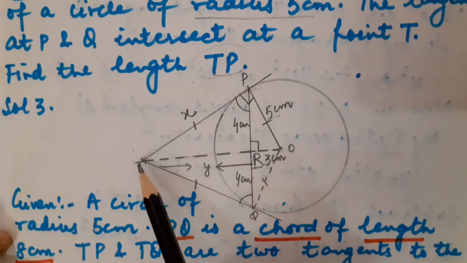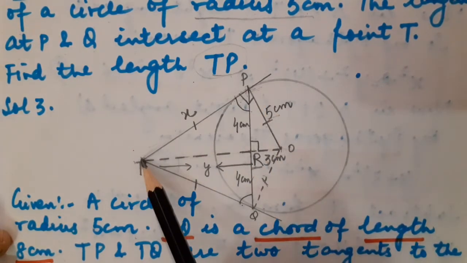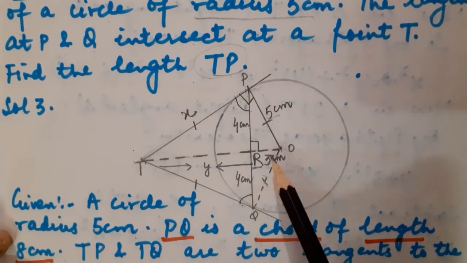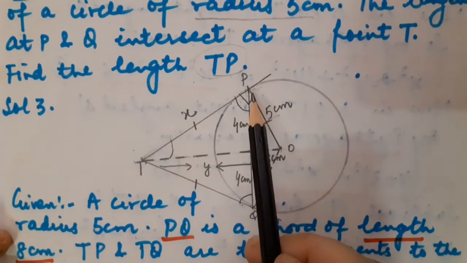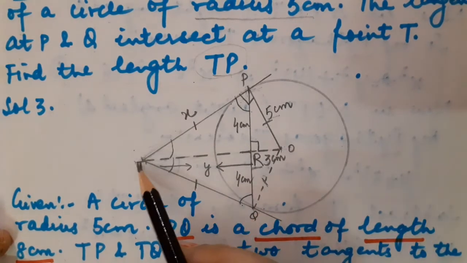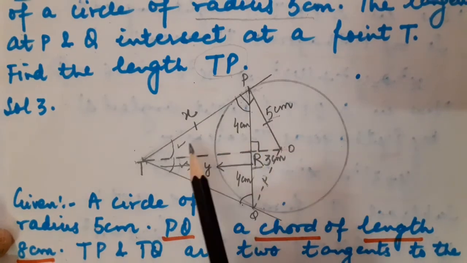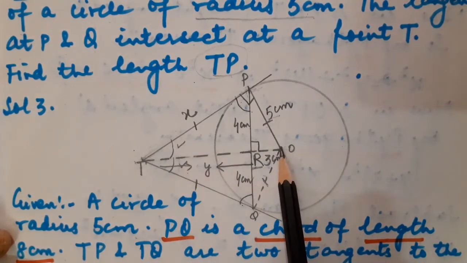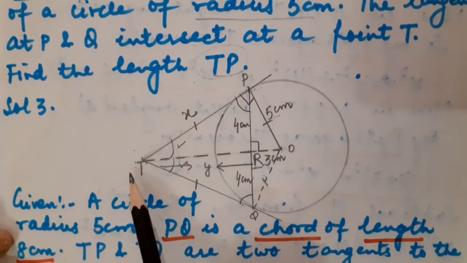So children, I have proved that triangle TPO is congruent to triangle TQO. Fine. So definitely by CPCT, what can we say? That angle PTO must be equal to angle QTO, means they both will be equal. If you do not want to prove them congruent, then directly also you can write that OT is the angle bisector of angle PTQ.